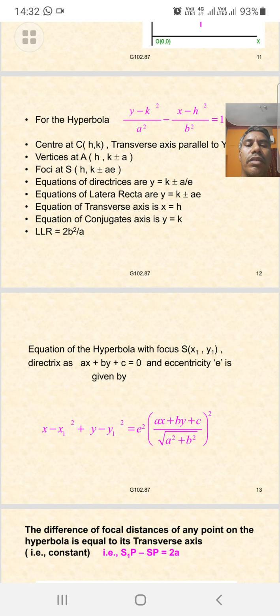When focus, directrix, and eccentricity are given, then the equation of the hyperbola is x minus x1 whole square plus y minus y1 whole square equals e square into (ax plus by plus c by under root of a square plus b square) whole square.